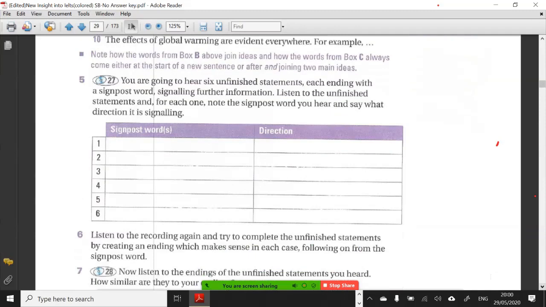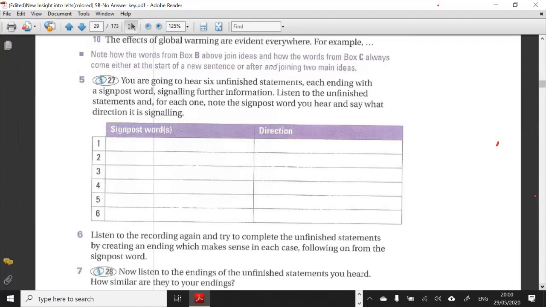Note how the words from box B above join ideas, and how the words from box C always come either at the start of a new sentence or after and joining two main ideas. Question 5, listening 27.